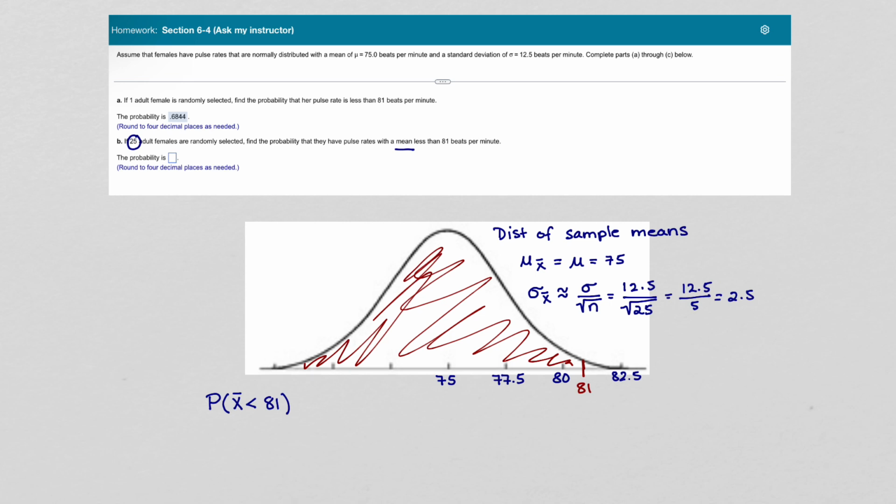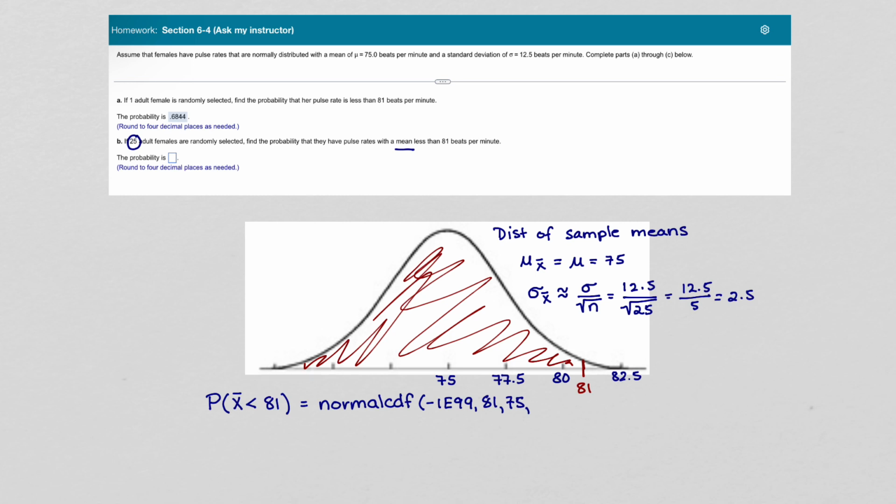So let's go ahead and calculate this. And again, we're using the normal CDF function in very much the same way. So we put in -1 E99. Upper boundary is still 81. This is almost the same. The only thing that's changing here is the standard deviation.